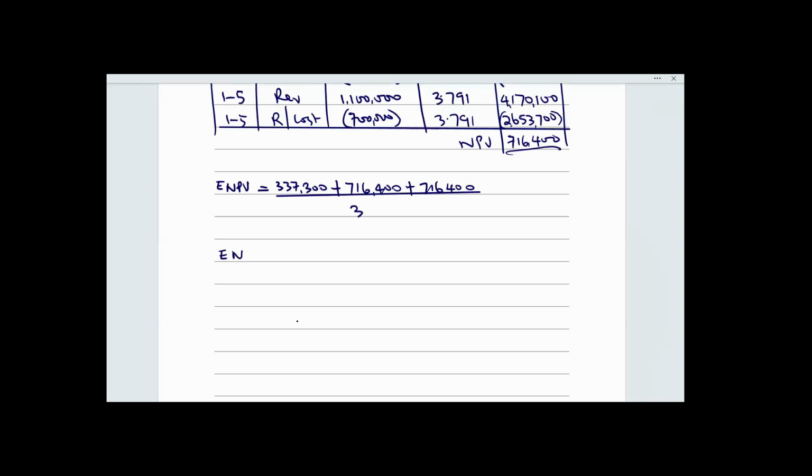All right, so expected NPV equals, on my calculator, 716,400 multiplied by 2, then plus 337,300. This will give me 1,770,100, then divided by 3, that's 590,033.